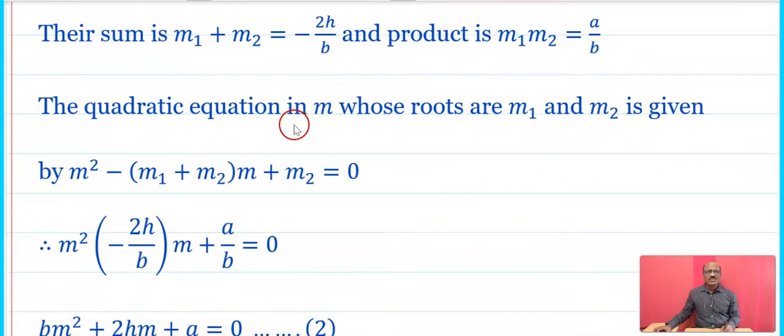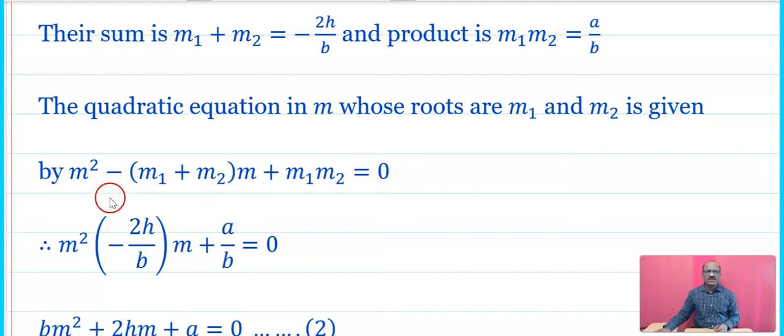The quadratic equation in m whose roots are m1 and m2 is given by m squared minus, in bracket, m1 plus m2 into m plus m1 into m2, equal to 0.